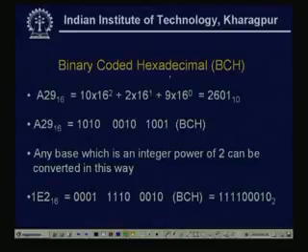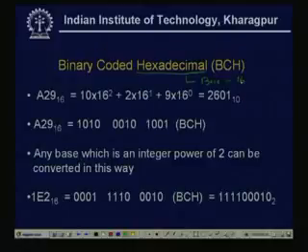The base of hexadecimal is 16, and the values from 10 to 15 are represented by 10 means A, 11 is B, and similarly 15 means F. So, 0 to 9 and A to F, these 16 digits are the symbols of the hexadecimal system.